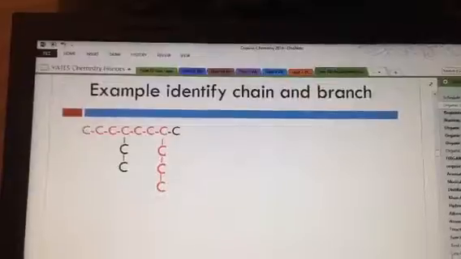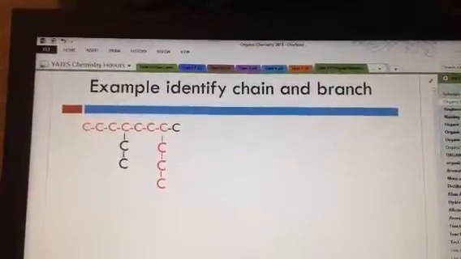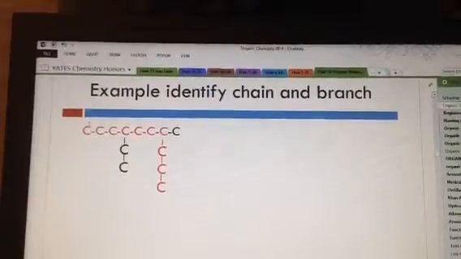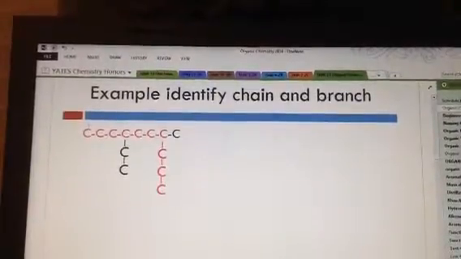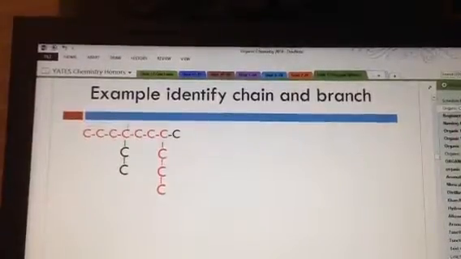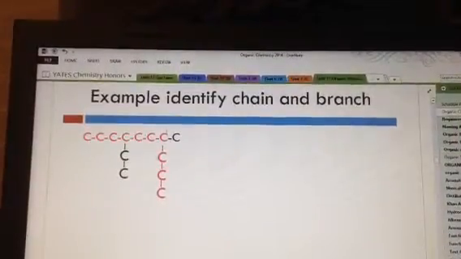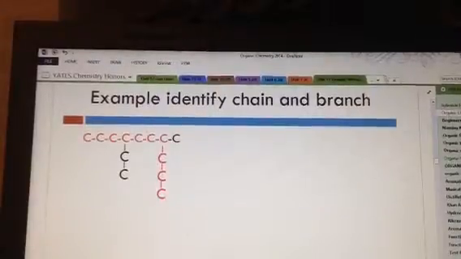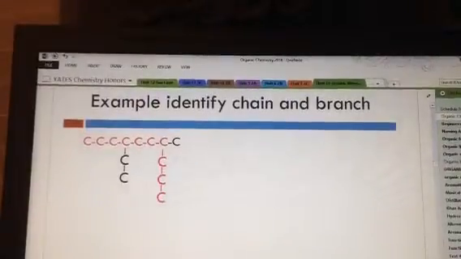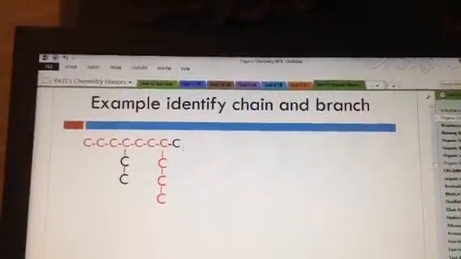So it would be 4 ethyl, 7 methyl, and then we have to say its chain name. 1, 2, 3, 4, 5, 6, 7, 8, 9, 10 would make me decane. So this would be called a 4 ethyl, 7 methyl decane.